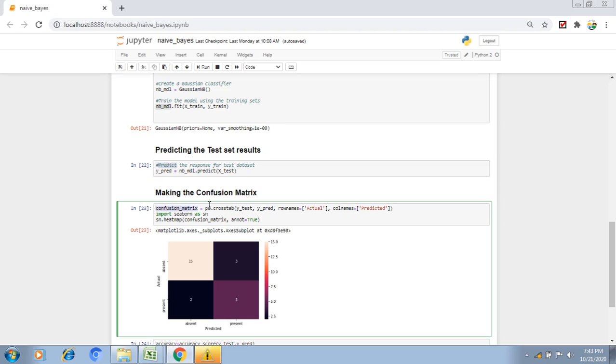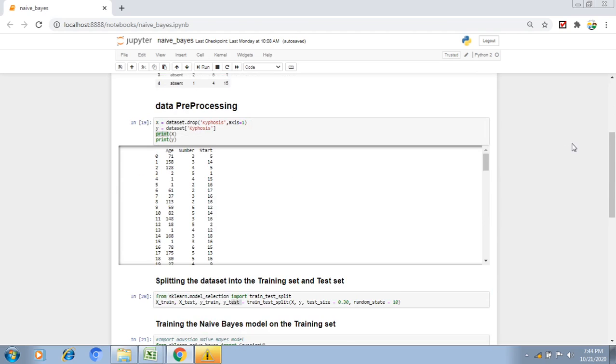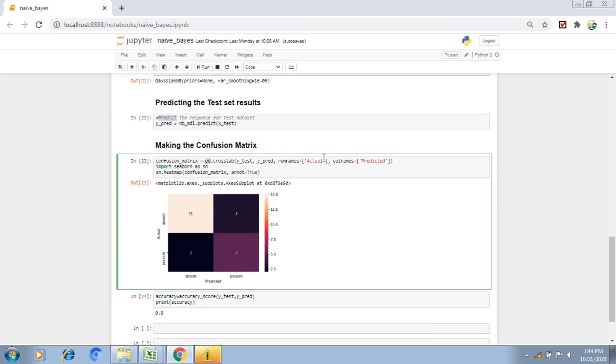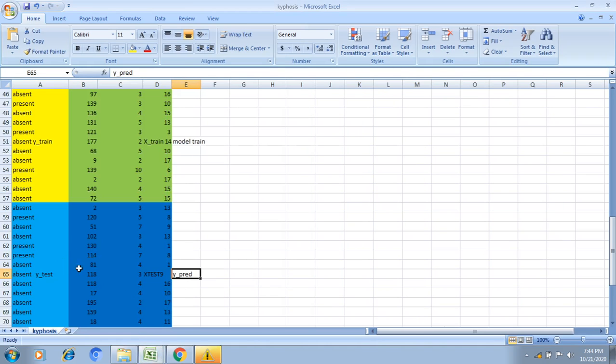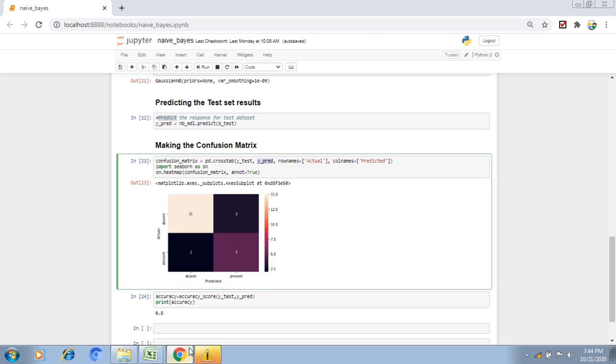For the confusion matrix I am using pandas. PD is my alias name, that's why I am using pandas here. I'm using the crosstab function and passing the y test and y prediction. To calculate the accuracy or confusion matrix, we need to pass the y test and y prediction.